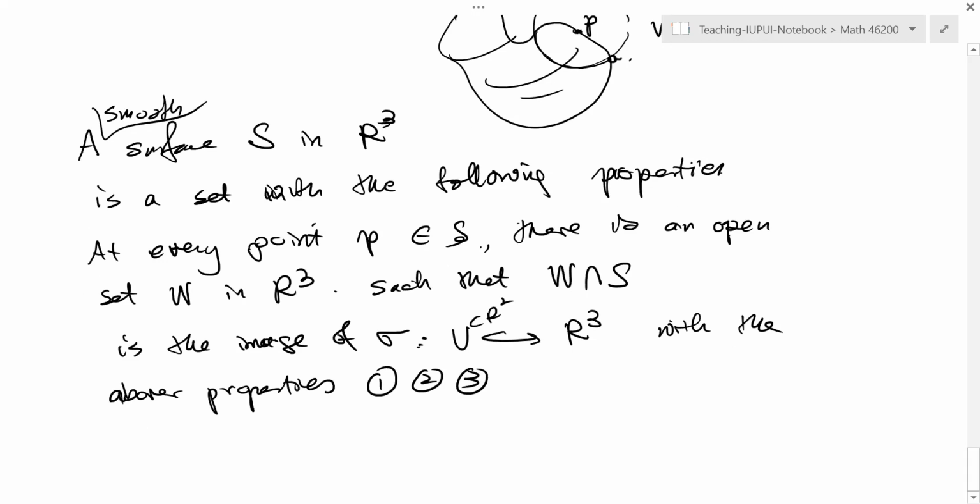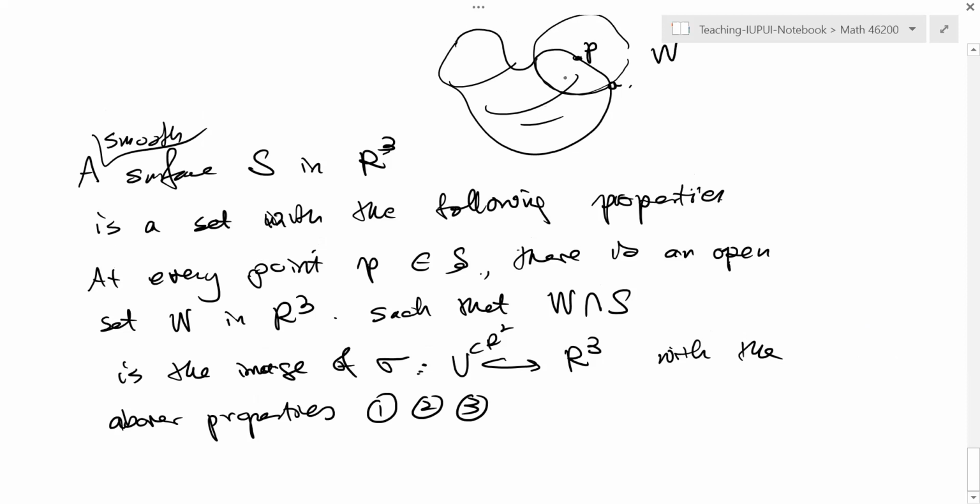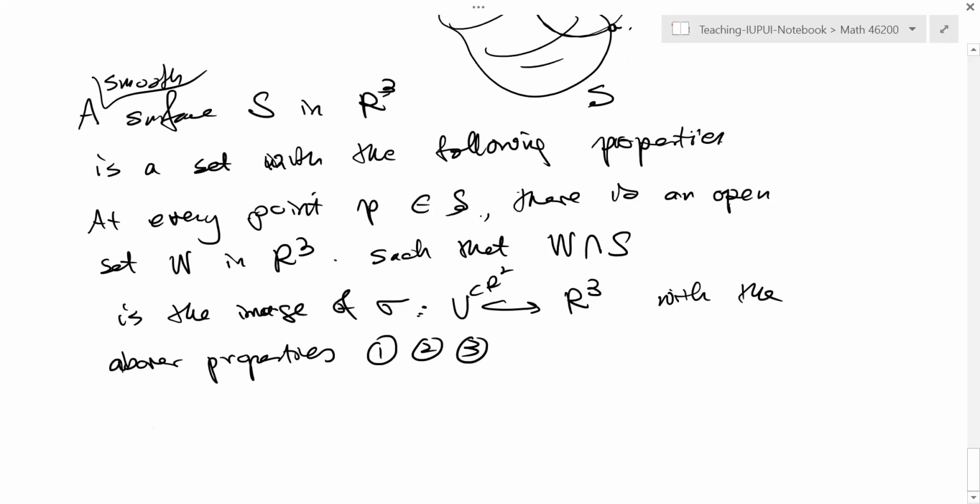So whenever you have a continuous, regular map, as long as for this set in space at every point you can cut a small neighborhood, a small piece, and that small piece is the image of some nice map sigma, then sigma is called a parametrization of the surface.